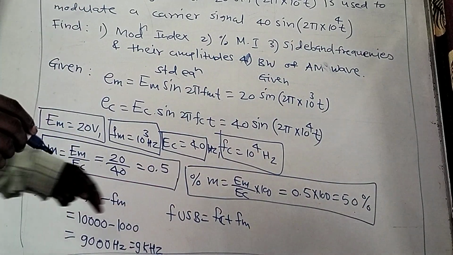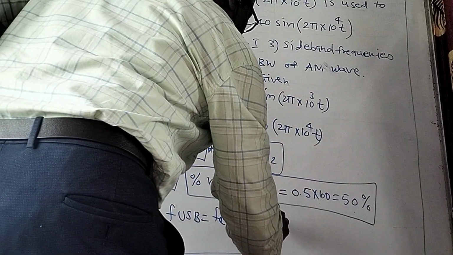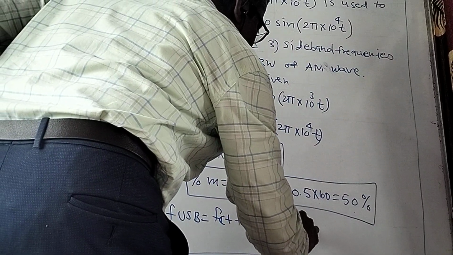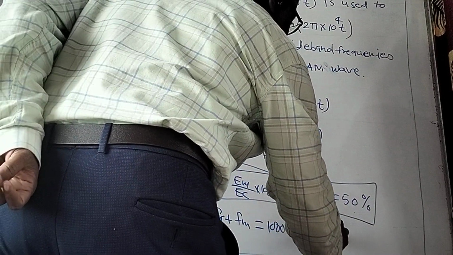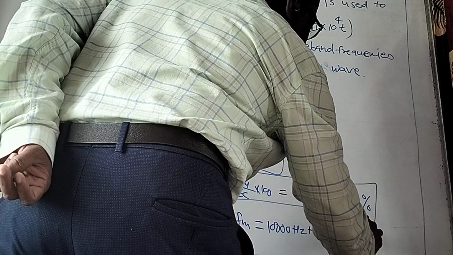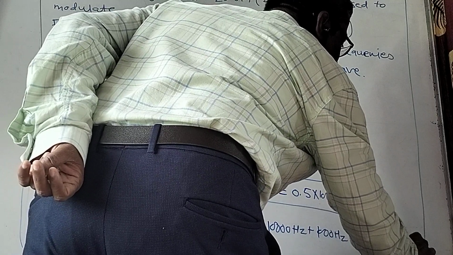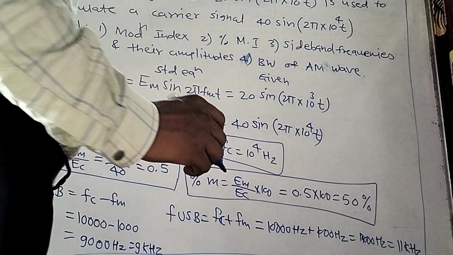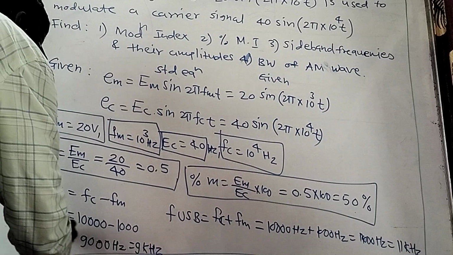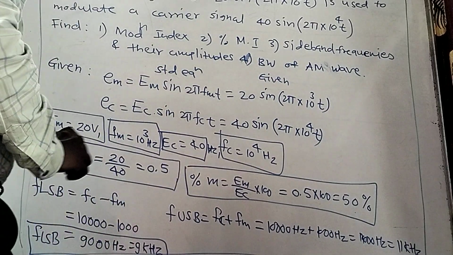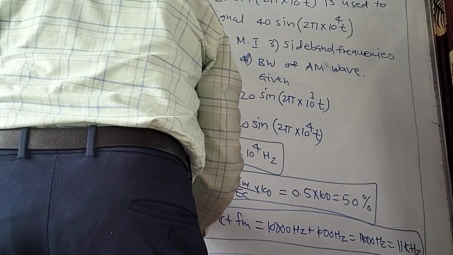Similarly, FUSB is given by FC plus FM, that is 10,000 hertz plus 1000 hertz, that is equal to 11,000 hertz, or you can write 11 kilohertz. So FLSB, the lower sideband frequency, is 9 kilohertz, and FUSB is 11 kilohertz.